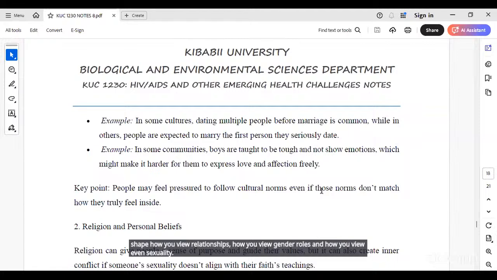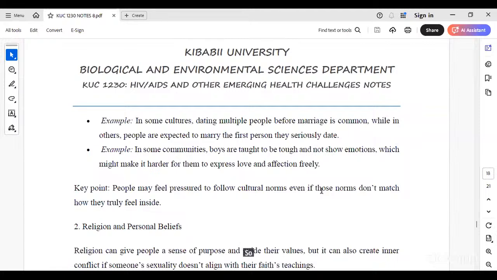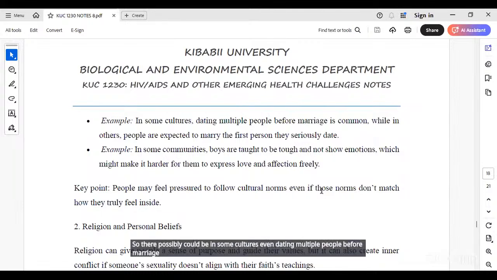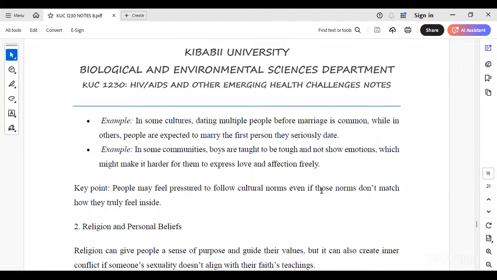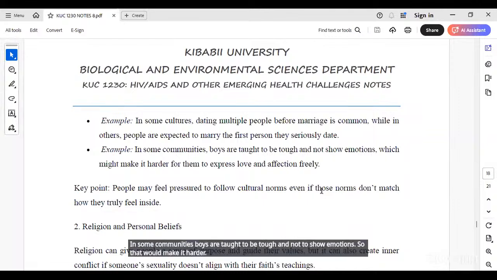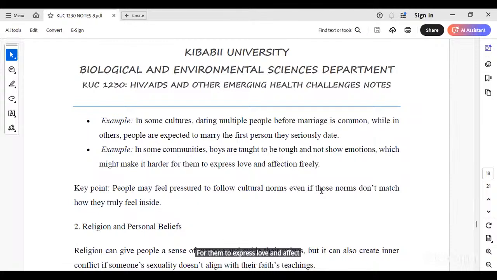Okay. So there possibly could be, in some cultures, even dating multiple people before marriage is common, while in others, it's not. Okay. In some communities, boys are taught to be tough and not to show emotions. So that will make it harder for them to express love and affection freely because of the culture. So the rules that we are brought up in, they will shape us into certain people.